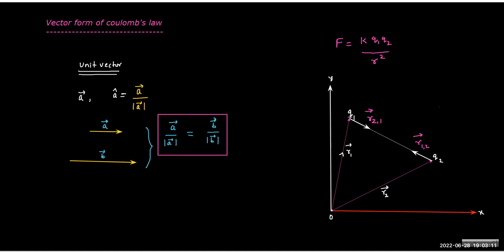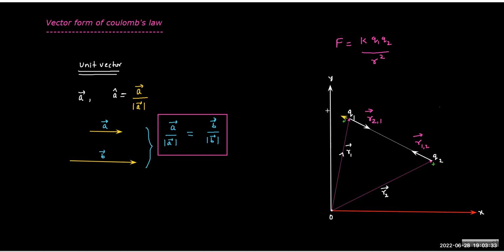Assuming both are like charges, let's say they have the same charge, either both plus or both minus. Let's keep it plus as of now. If both are like charges, will they repel or attract?